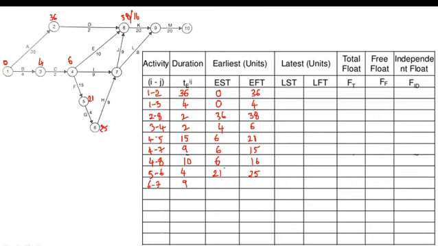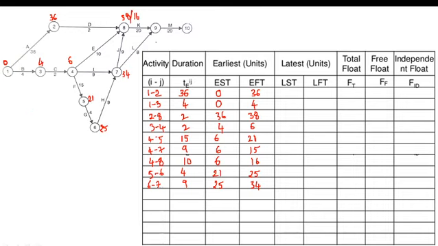So what is the earliest start time of the 6 to 7 activity? 25. If we add this 25 to this 9, we get the value 34. That becomes the earliest finish time. So I will write 34 over here, for our activity 7.